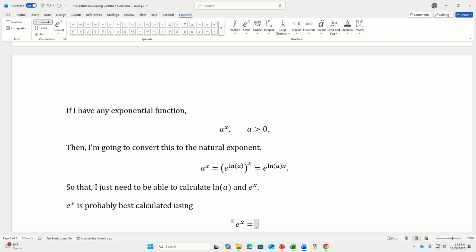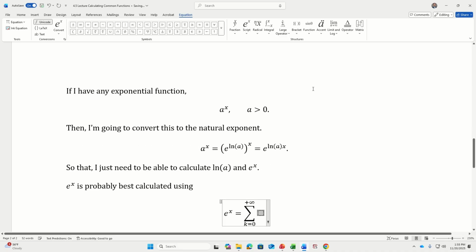Oh, yeah. Ben, are you watching? Yeah. Backslash sum underscore open parentheses k equals 0 close parentheses caret plus backslash infty space.